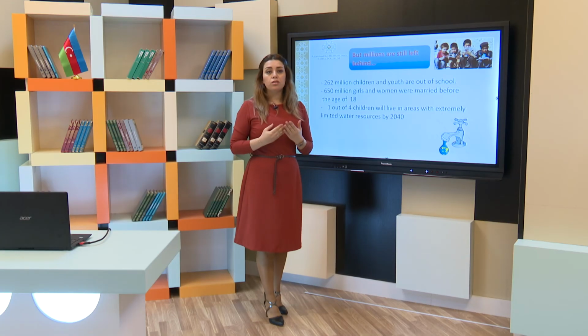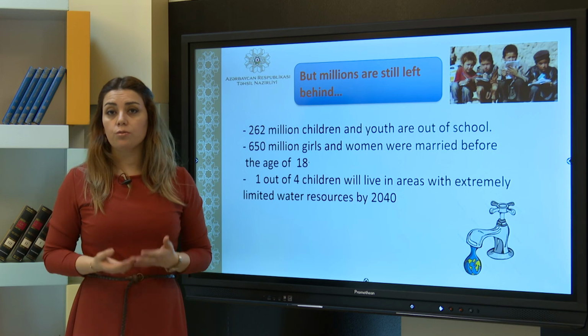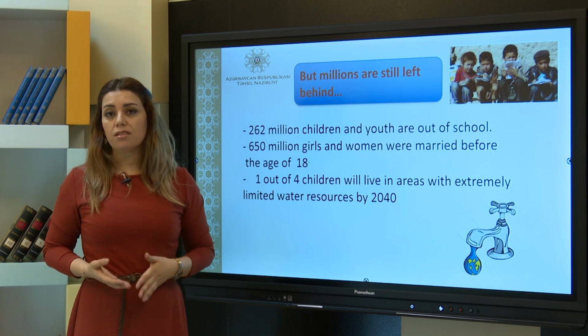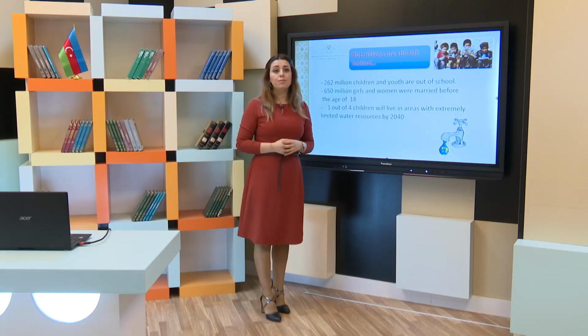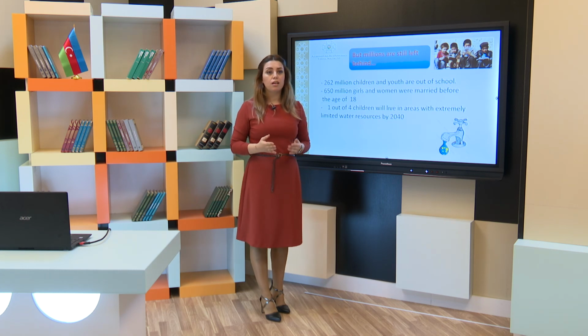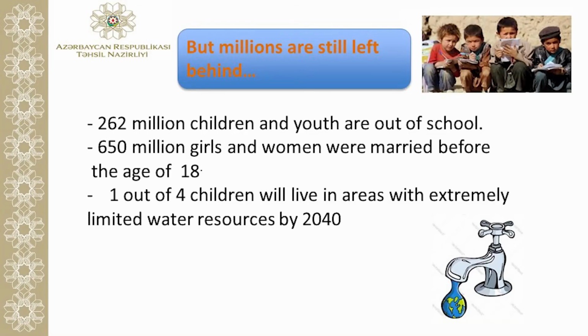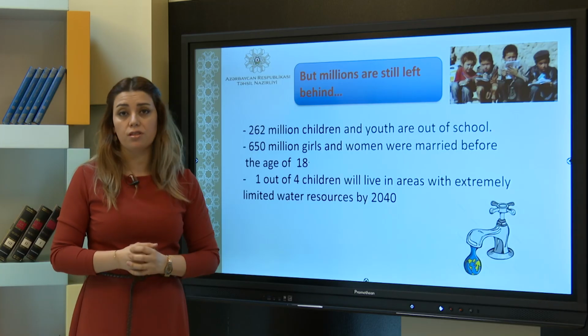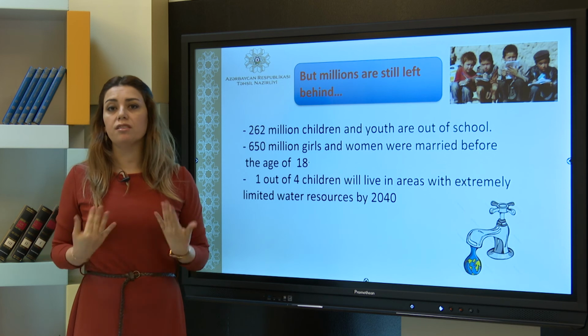So instead of going to colleges or universities, the girls are forced to marry. This is a problem still surviving in the world. And these problems will continue existing. For example, 1 out of 4 children will live in areas with extremely limited water resources by 2040. It means that this problem will continue.